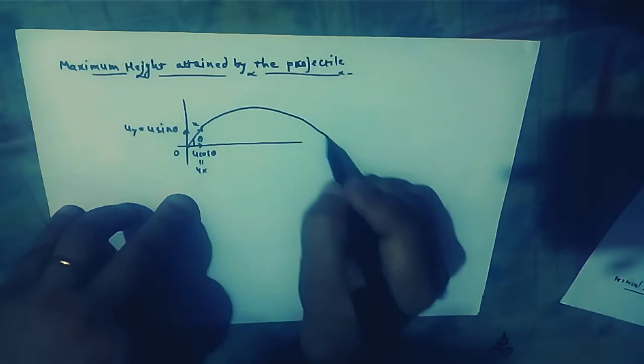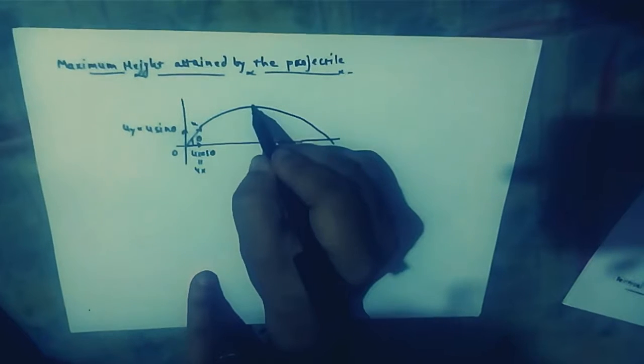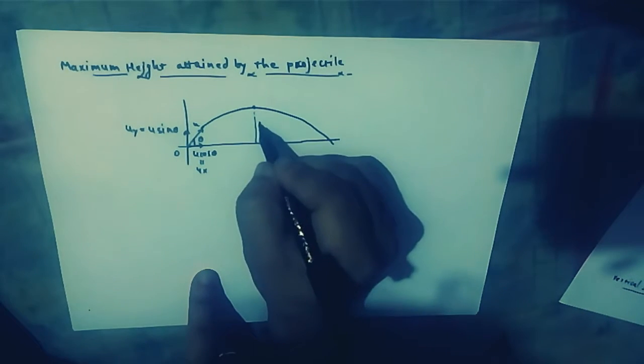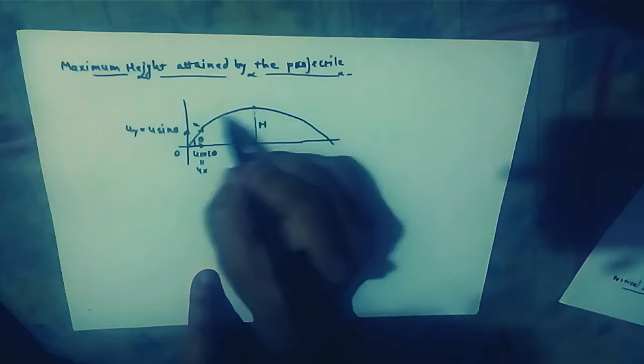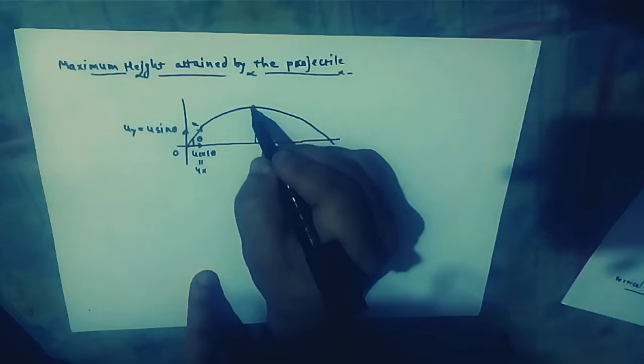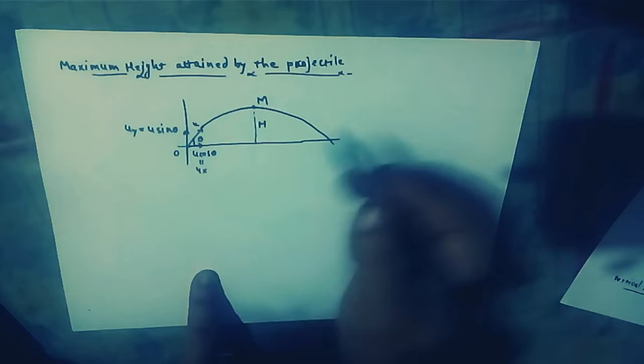It travels and then goes down like this. After reaching some point here, there is a maximum height that it can attain. Suppose this is the point M, for maximum height.